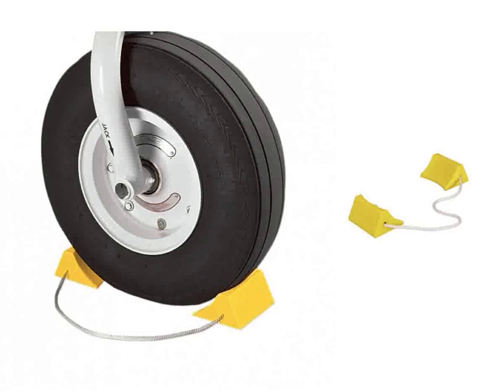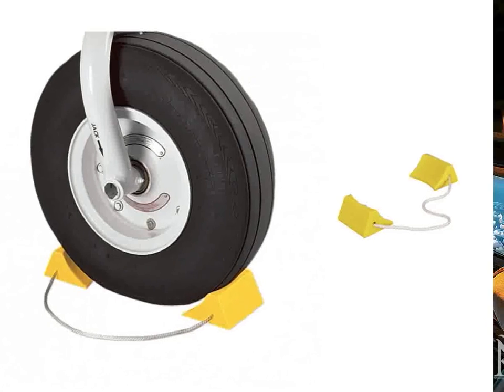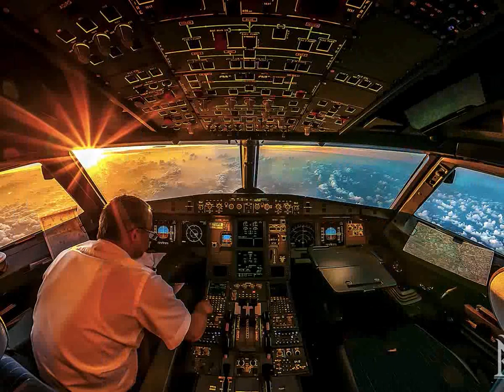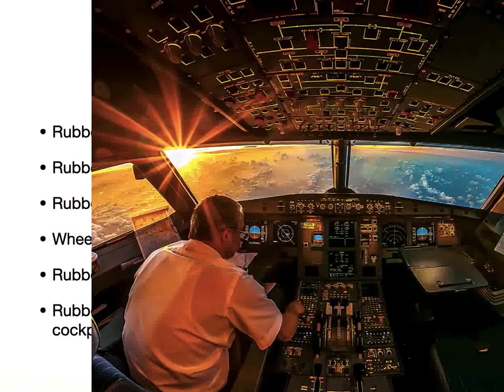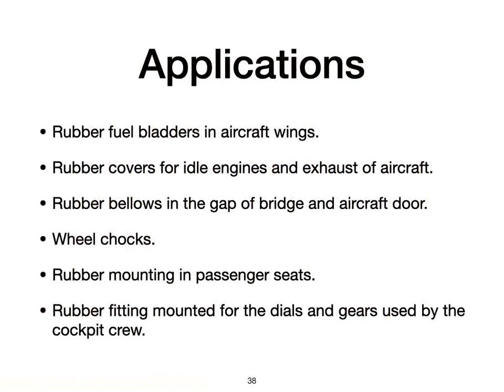In the image is shown the wheel chocks that keep the aircraft stationary before takeoff. Passenger seats are often fitted with rubber mountings to minimize jarring during flight. Finally, the dials and gears used by the cockpit crew are frequently mounted with rubber fittings to keep them stable when turbulence hits.